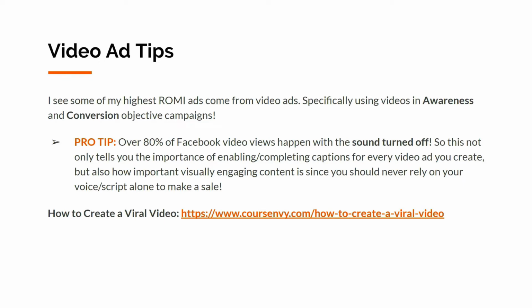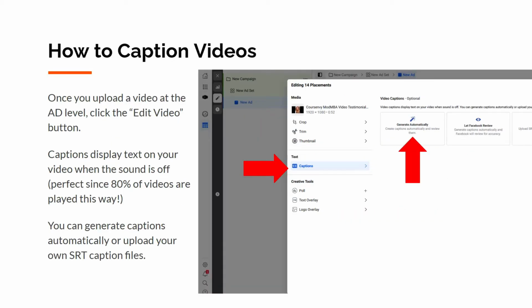So this not only tells you the importance of enabling and completing your captions for every video ad you create, but also how important visually engaging content is, since you should never rely on your voice or script alone to make a sale. Make sure to check out this link, how to create a viral video, at coursenvy.com/how-to-create-a-viral-video.